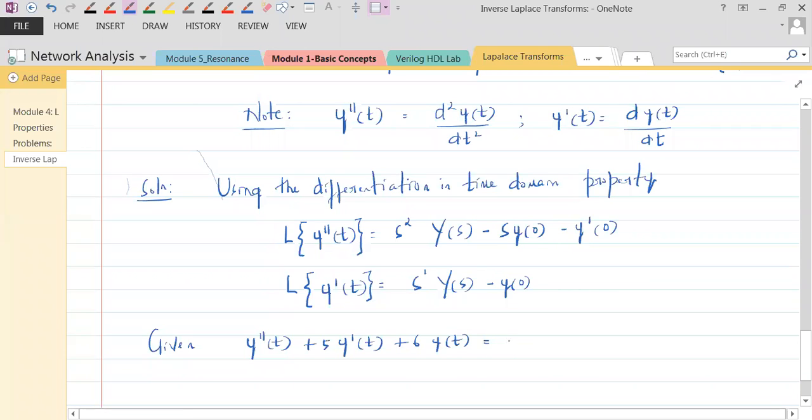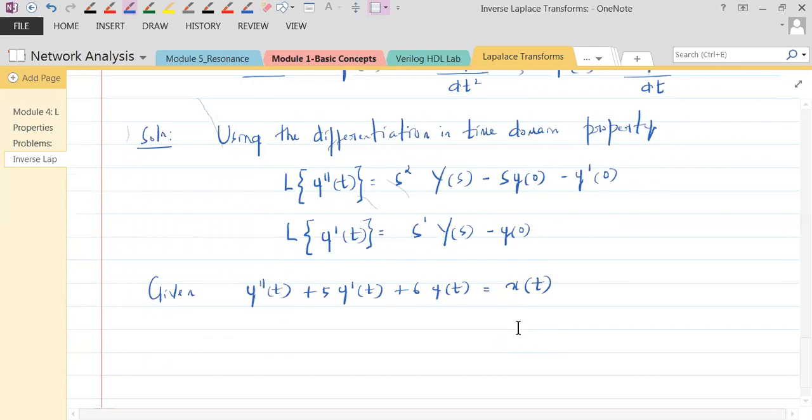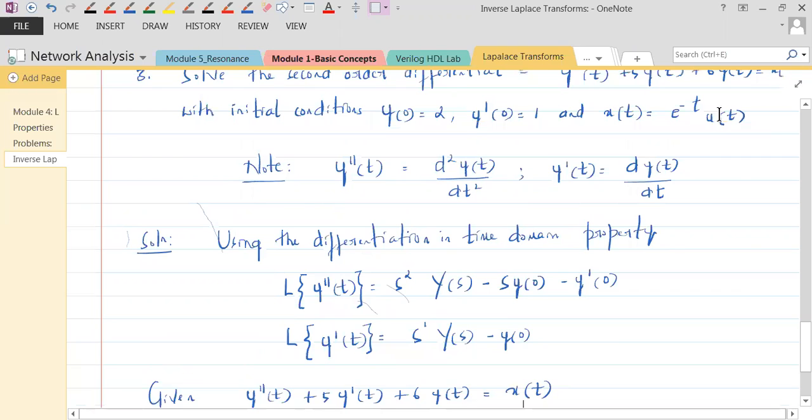So what is x of t? See, x of t is given. X of t is given to be e power minus t into u of t. Since u of t is there with another function of t, let's ignore this when we are writing x of t.